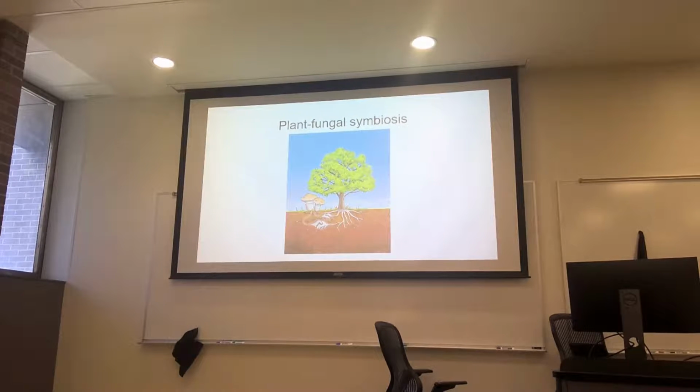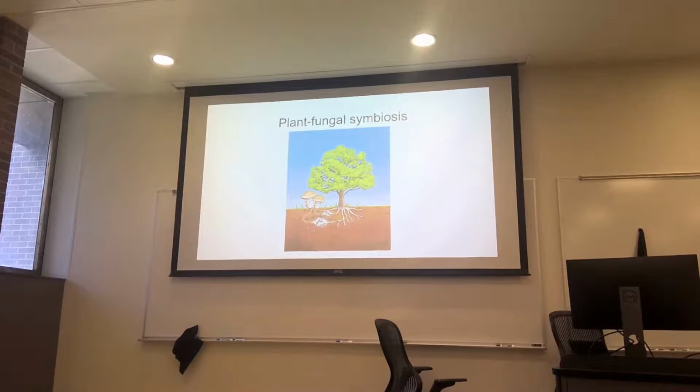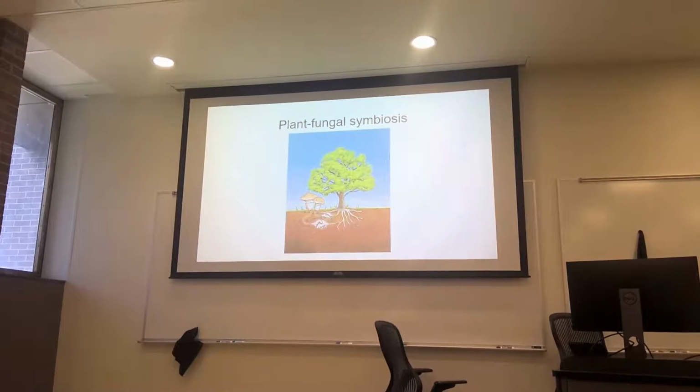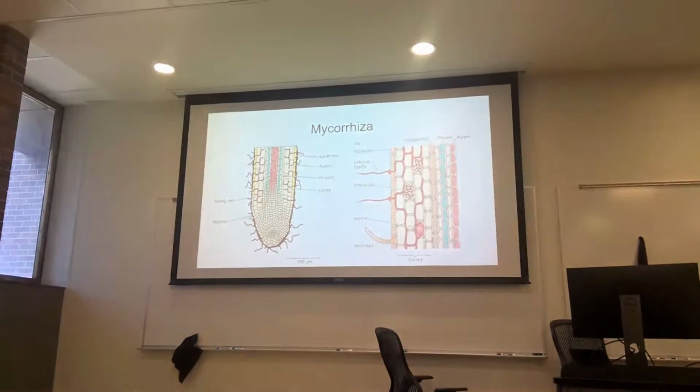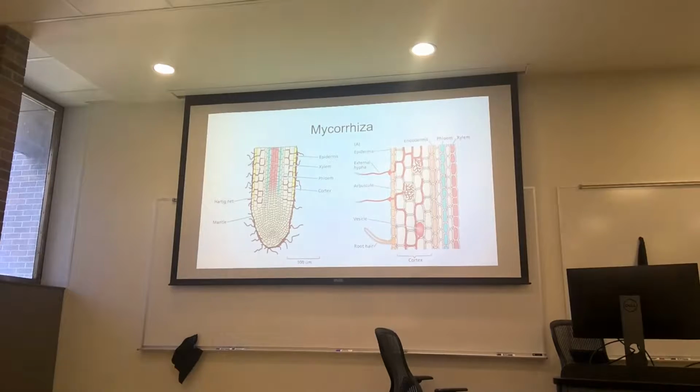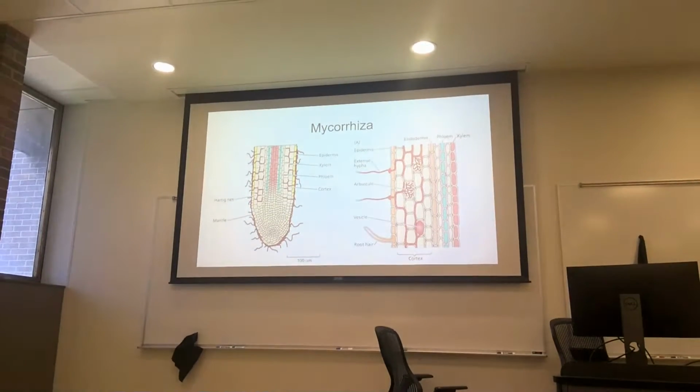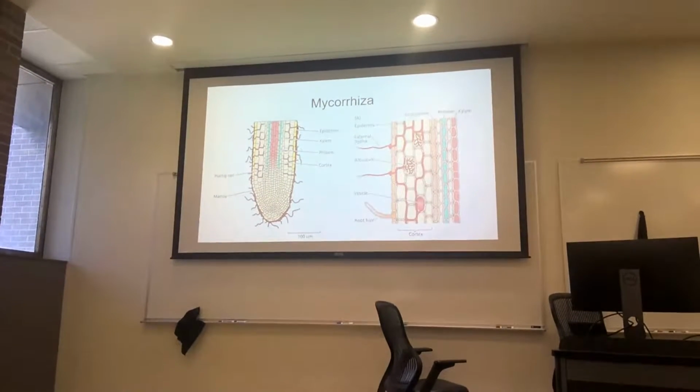So nitrogen fixing is bacteria, while for other things such as acquiring phosphate it is going to be fungi. So mycorrhizae is the symbiotic interaction, hopefully you recognize this name, between plants and fungi.